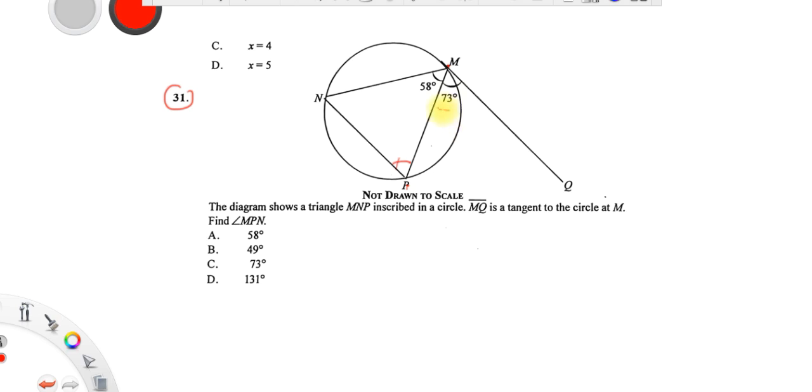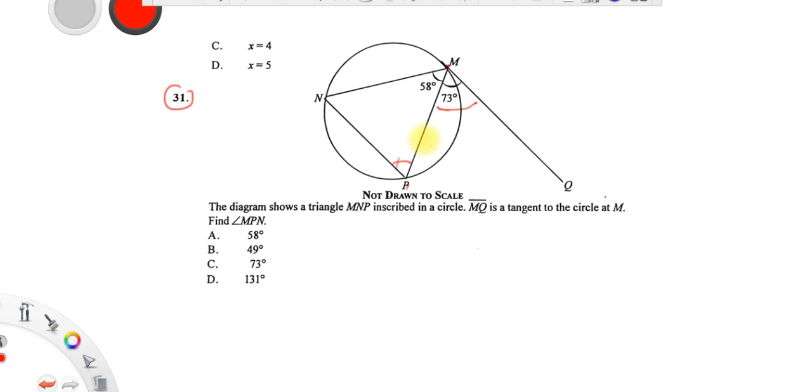This angle, which is 73 degrees, is always equal to the angle formed by the same chord in the triangle. The angle in the triangle formed by the same chord in the opposite or alternate segment.